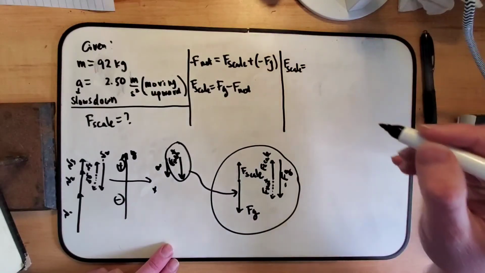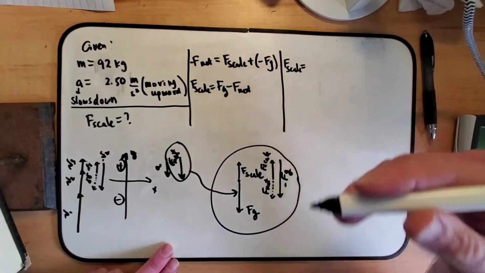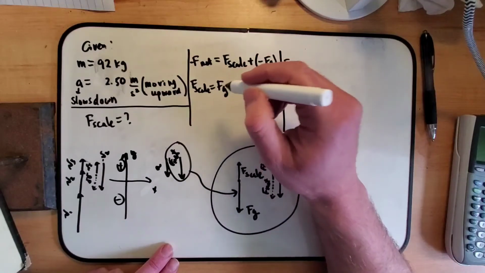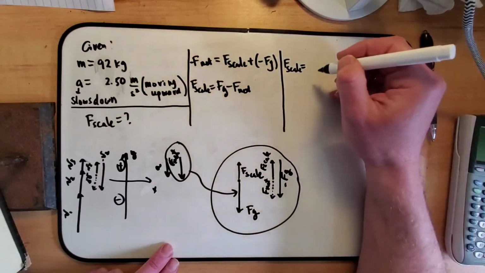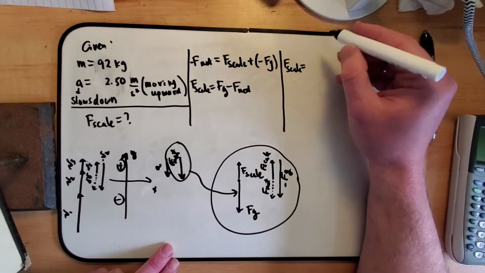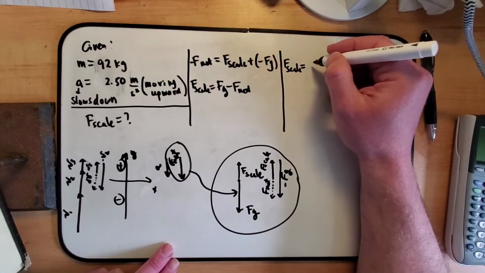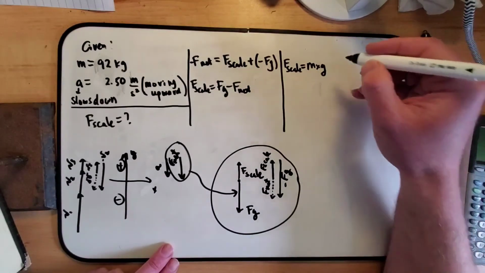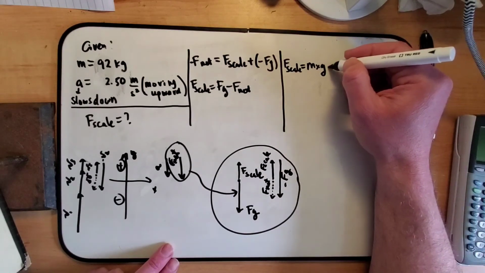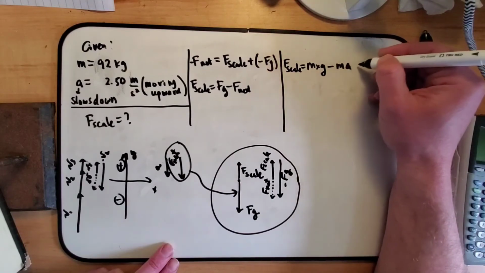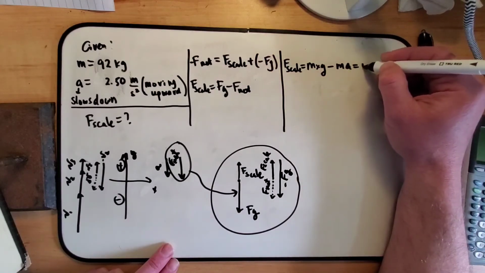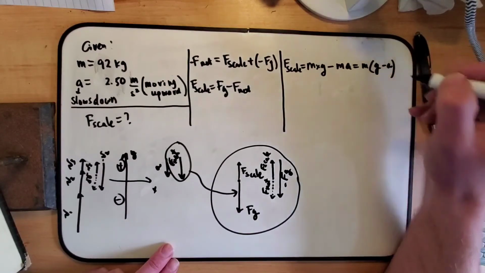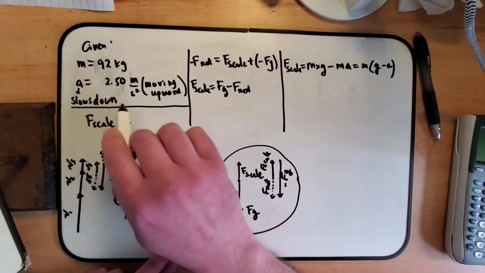So now, F scale. All I have to do, guys, now, is plug the numbers in. But let me first break up F sub g and F sub net into their terms, which are m times g, and then minus m times a. That will be now m, you can factor out, g minus a. Okay, remember how I said that it slows down, decelerating?